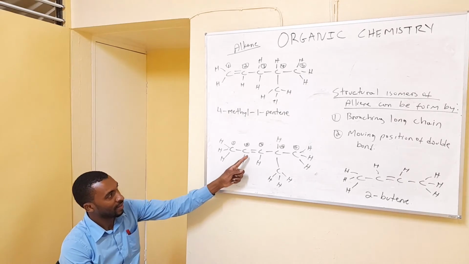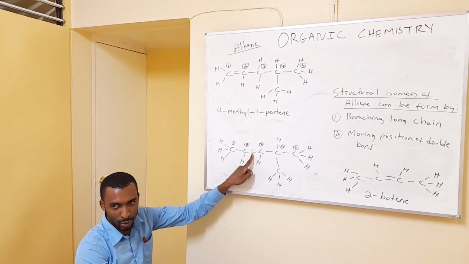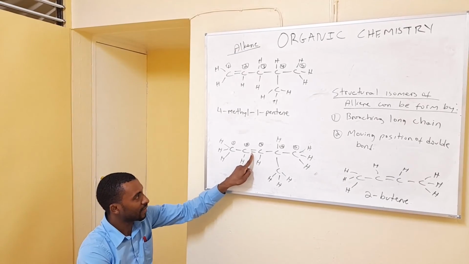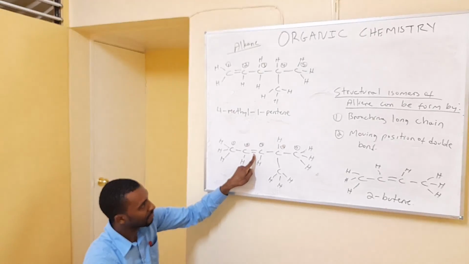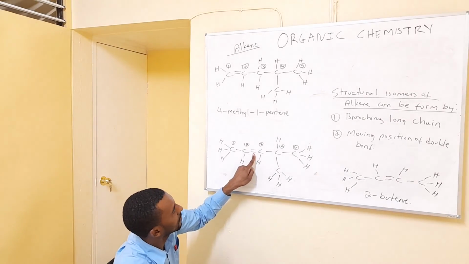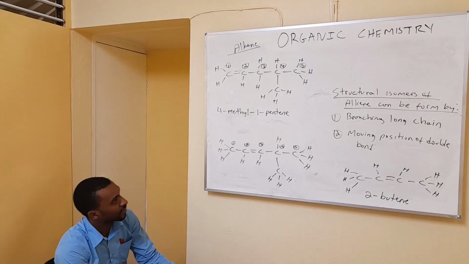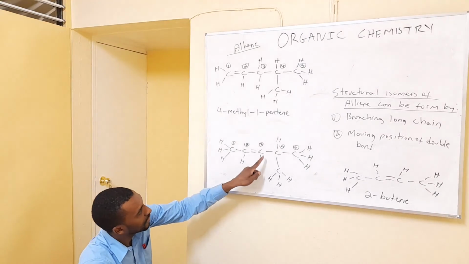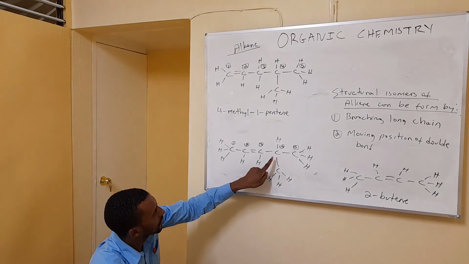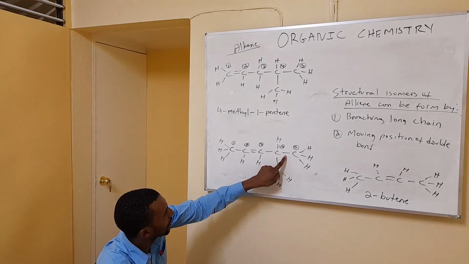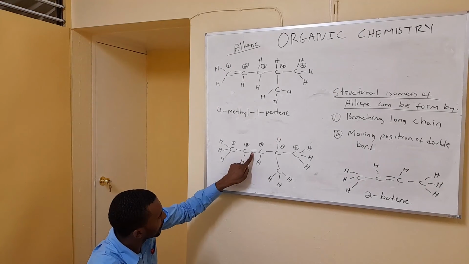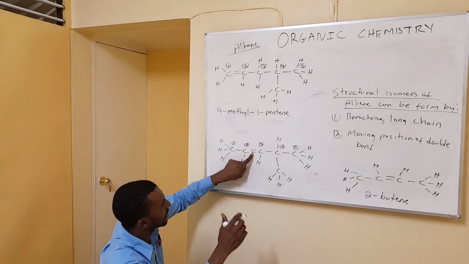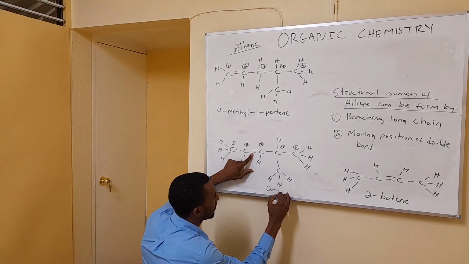Because the functional group takes preference, and in this position it's 1, 2, the lowest number. If we should number it from here, it would be 1, 2, 3. Following? So here it's 1, 2, so it would be 2-pentene as the last part of the name.